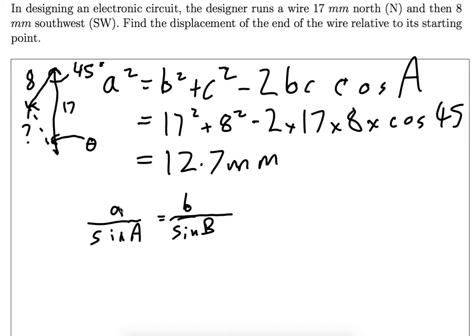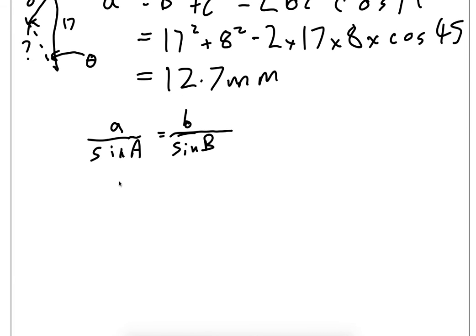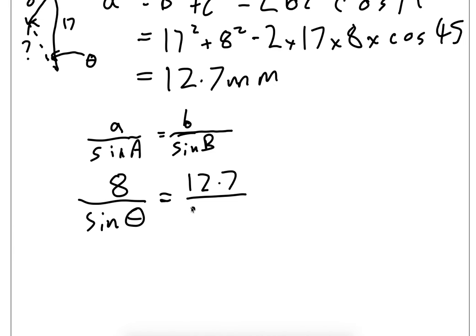So let's write it first. 8 over sine theta, the angle that we don't know, is going to be 12.7 over sine of the angle opposite that, which we already know is 45 degrees. So if we rearrange that, we'll end up with sine theta equals 8 sine 45 over 12.7.